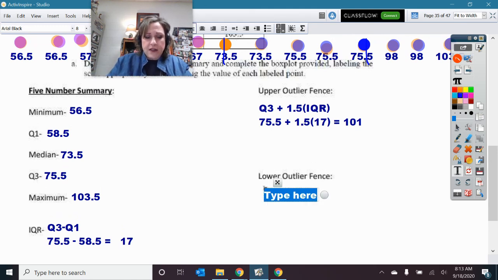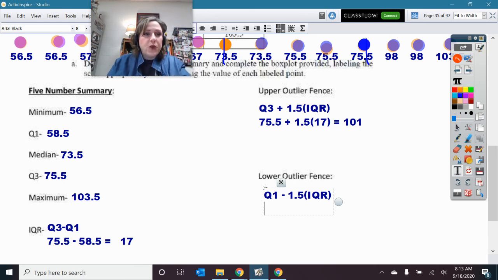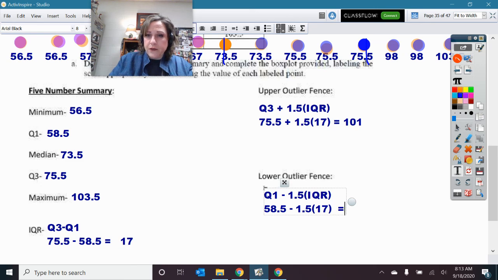Here we have the lower fence, which is Q1 minus 1.5 times the IQR. And so here we have 75.5 minus, oh, wrong. Hold on a second. I almost did that wrong. Q1 is 58.5, minus 1.5 IQRs, which is 17. And I think, if I remember correctly from watching that data set, it's 33.